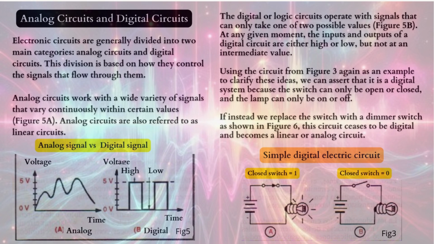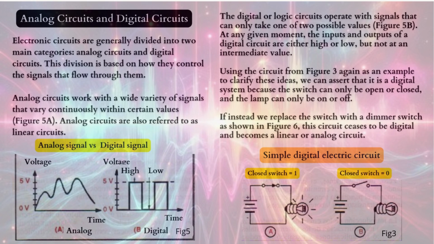an intermediate value. Using the circuit from figure 3 again as an example to clarify these ideas, we can assert that it is a digital system because the switch can only be open or closed, and the lamp can only be on or off.